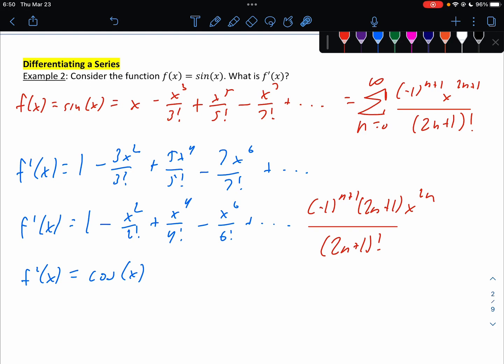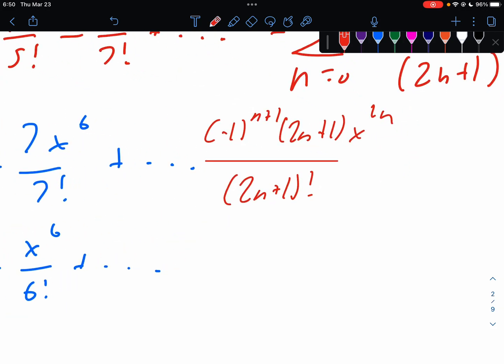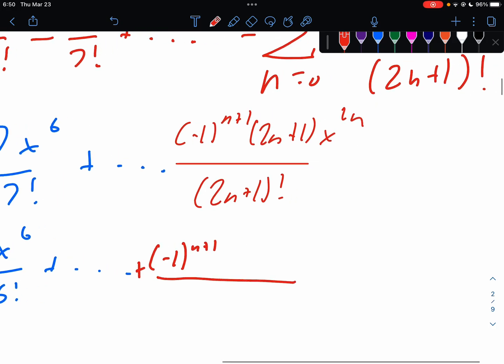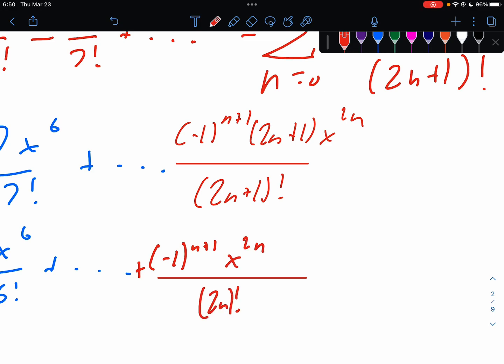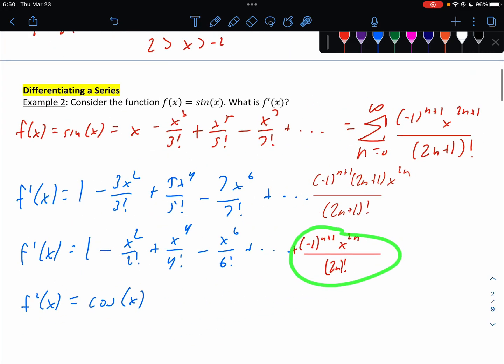Simplifying that, we have negative 1 to the n plus 1 over, the 2n plus 1's will cancel out, leaving me with 2n factorial, x to the 2n, which happens to be the nth term for cosine of x as well.